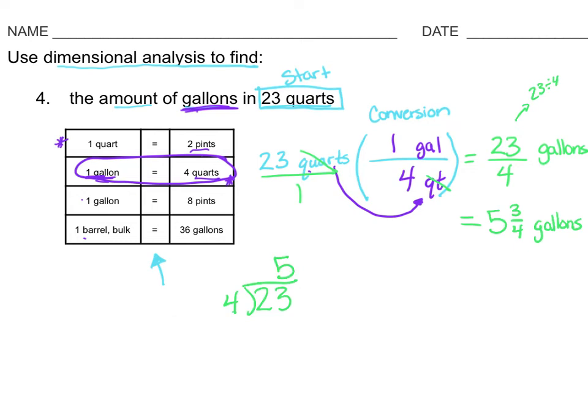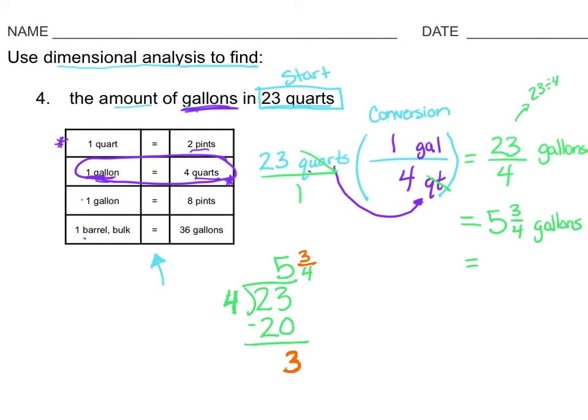So 4 times 5 is 20. I write it down. I'm left with 3. This leftover here is your remainder, and your remainder is part of your fraction. So I have 3, and then whatever you are dividing by, fourths. So that's how I got 5 3/4.